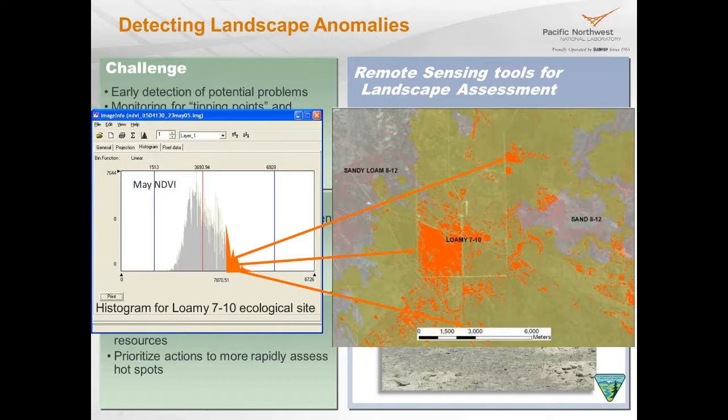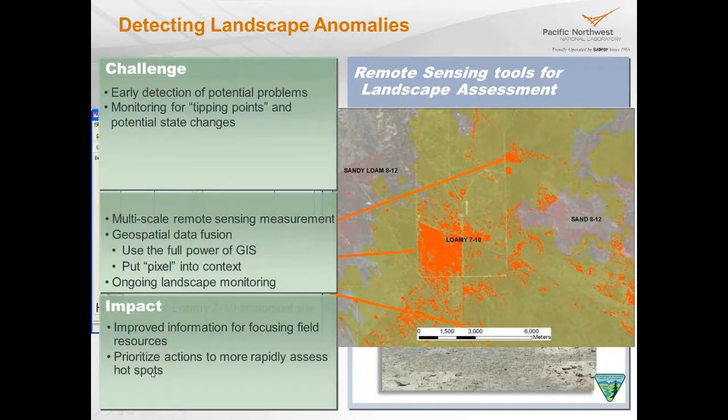So by combining, in this case, the ecological site, but it could be other sorts of stratification. We're exploring using the same approach for updating vegetation maps and using existing vegetation as a stratification.